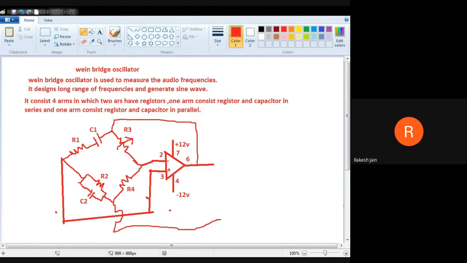Where R4 and R2 meet is connected with the output side, and actually we denote it with connection to the ground.